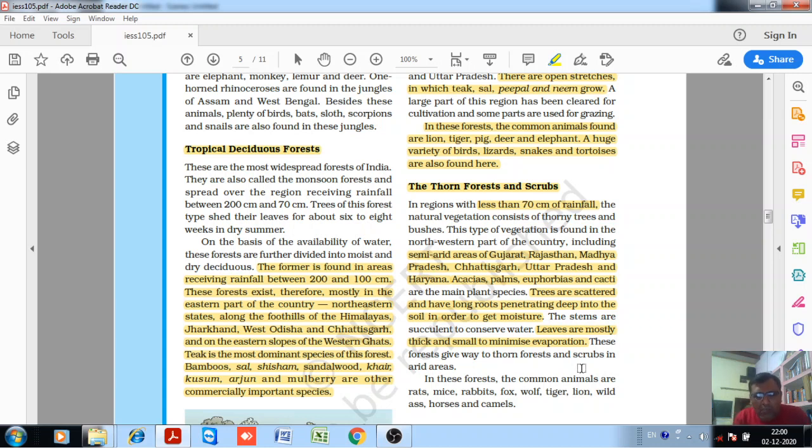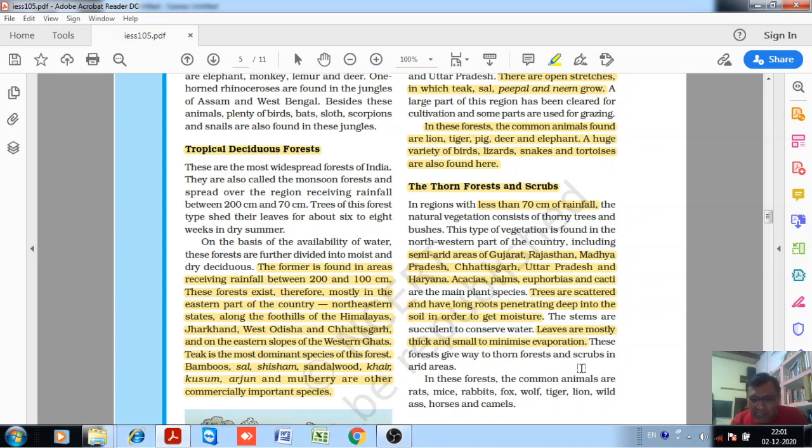Very small. The size of the leaf of kikar is like a grain of rice, and the size of the leaf of a banana tree is huge, because it is grown in the regions where enough water is there.